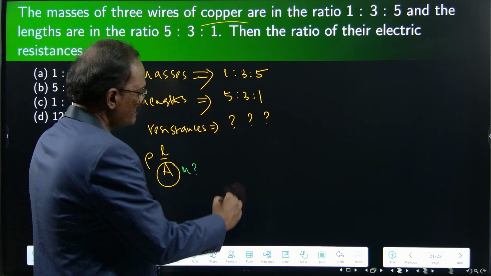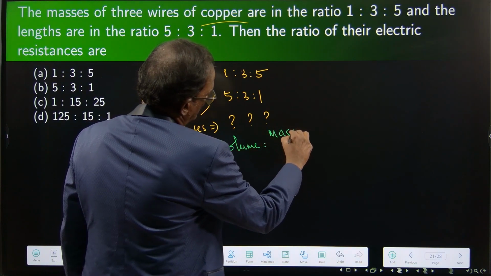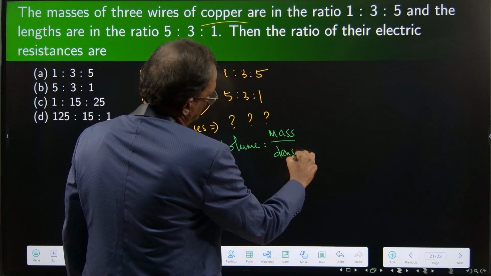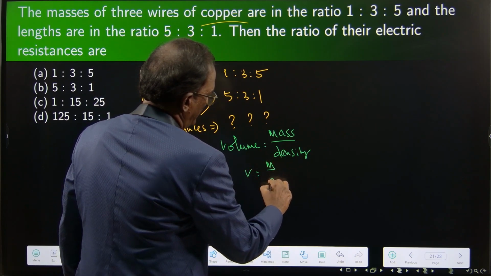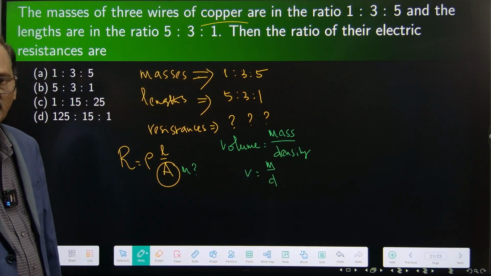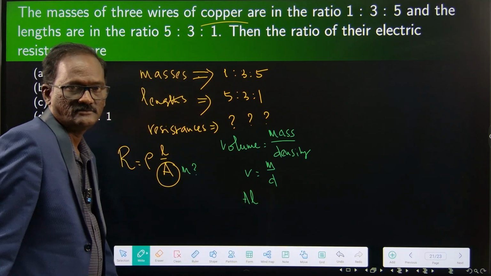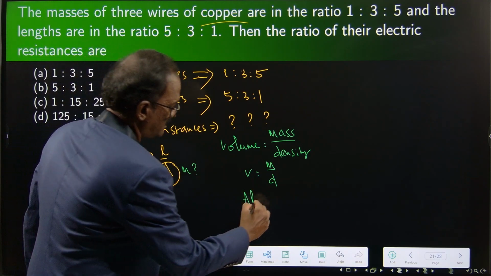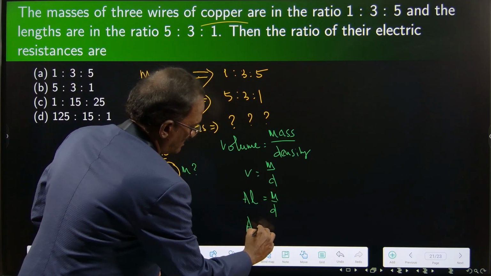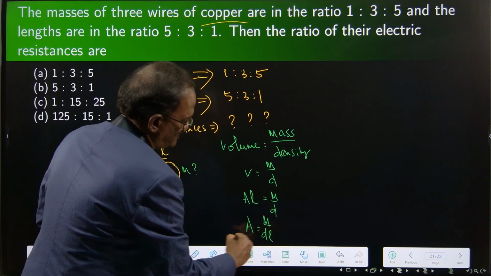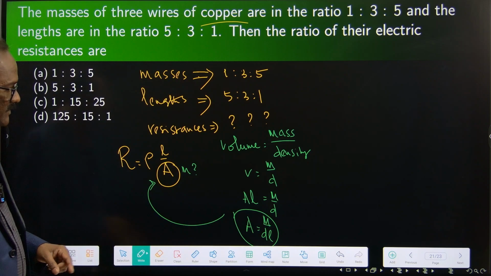So volume is equal to mass upon density, V is equal to m by d. V is equal to A into L. I need A, so A is m upon d L. This is taken for substitution here.